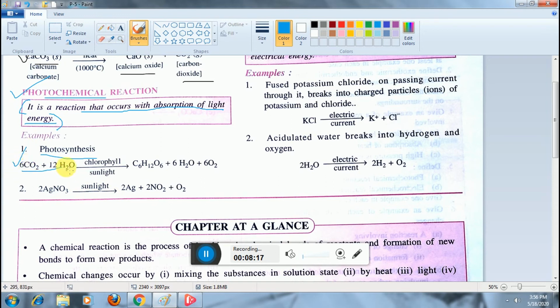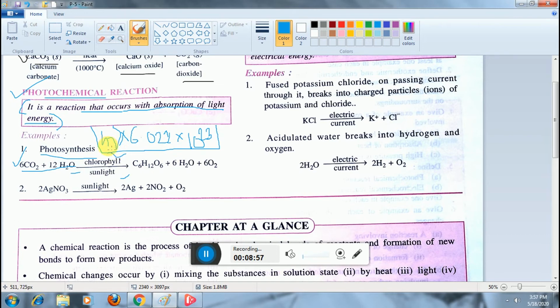For example, carbon dioxide reacts with water in the presence of chlorophyll and sunlight, represented as h nu, the absorption of a photon. h nu is the energy of one photon, where h is Planck's constant and nu is the frequency of that photon.